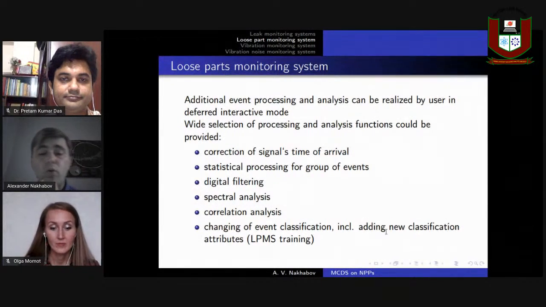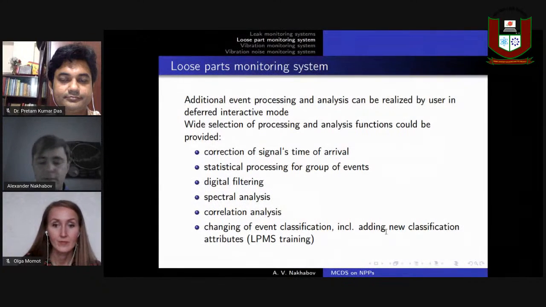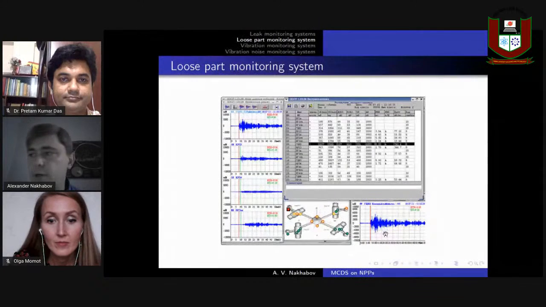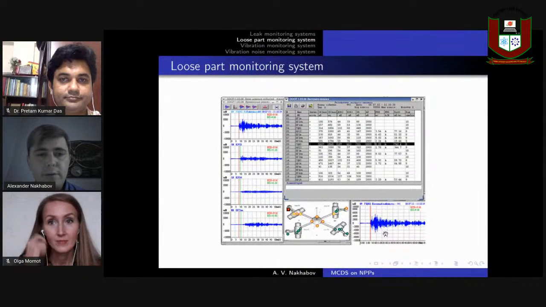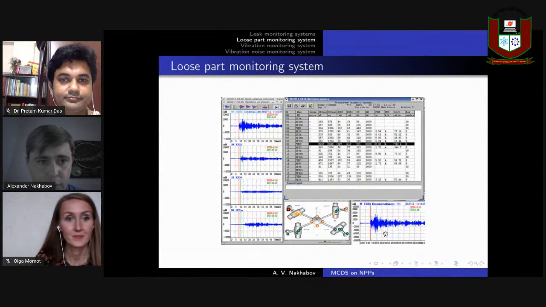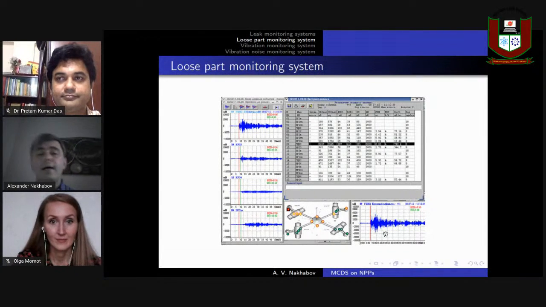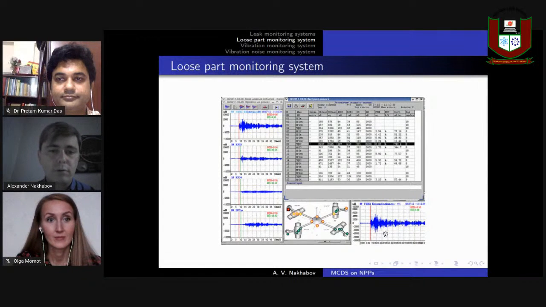So on this slide you will see only this information. And an example of software. In this case in Russian language, as I know; for foreign power units, of course, interfaces will be provided in English or some local languages.